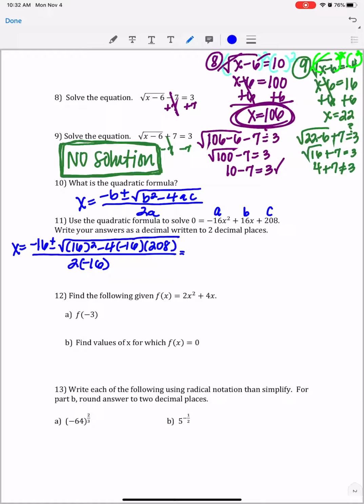So let's simplify. This is going to be negative 16 plus or minus the square root of something, all over 2 times negative 16, which is negative 32.